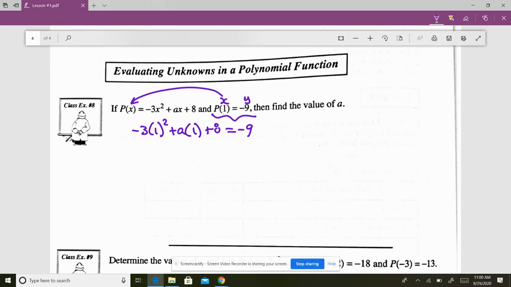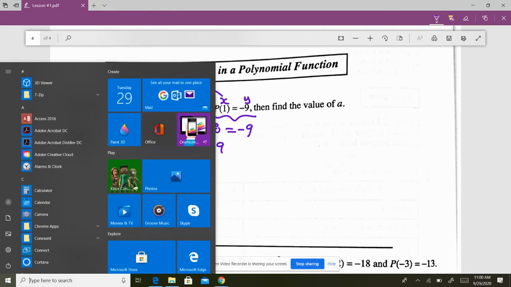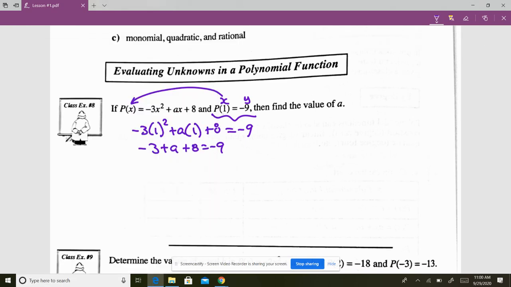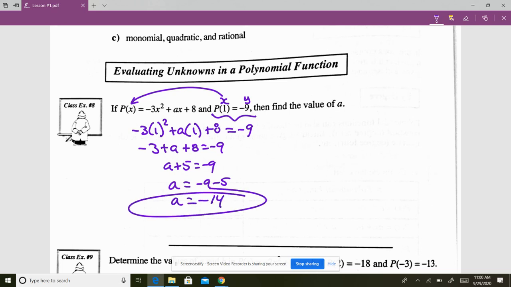And then you just algebra it. 1 squared is 1, so -3 plus a plus 8 is equal to -9. -3 plus 8 is 5. 5 plus a equals -9, so a is equal to -14.